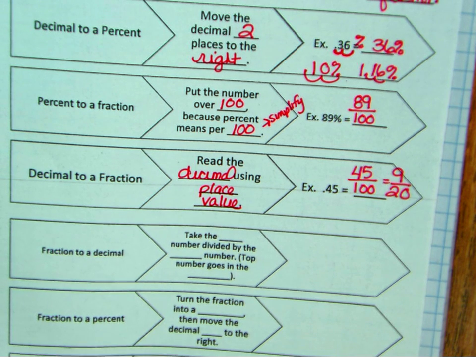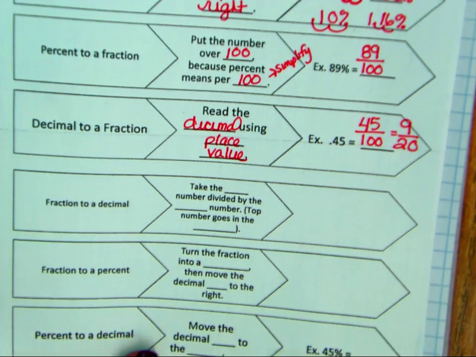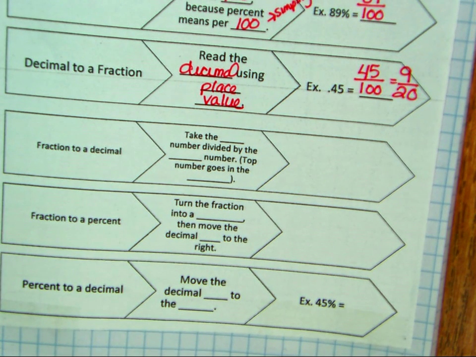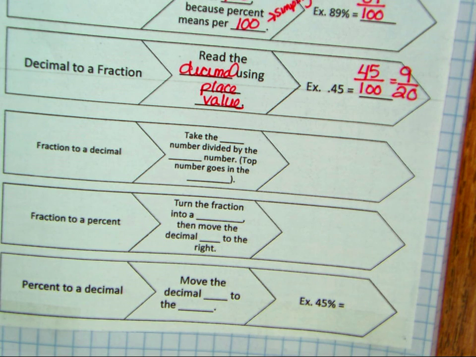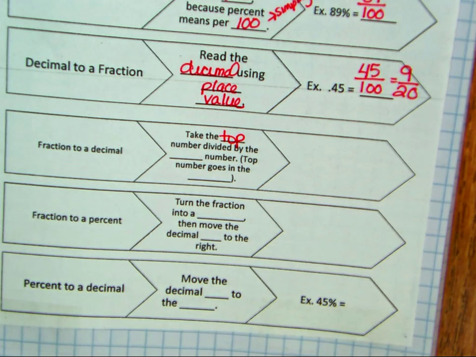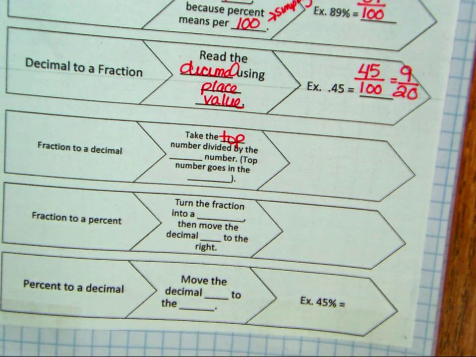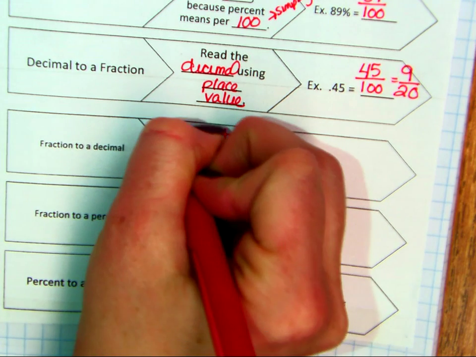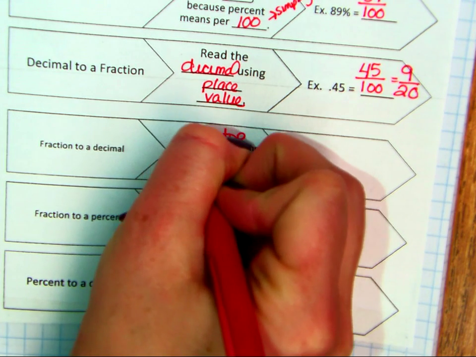All right, so now moving on to the next one. A fraction to a decimal. So now we're going to flip it, and we're going to go the opposite way. Now, when you have a fraction and you need to convert it into a decimal, you're going to take the top number, which we call the numerator, right? You're going to take the numerator, the top number, and divide it by the bottom number, or the denominator.